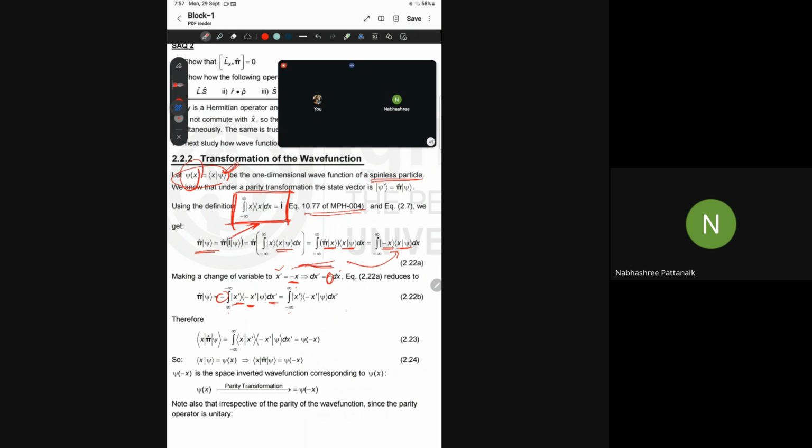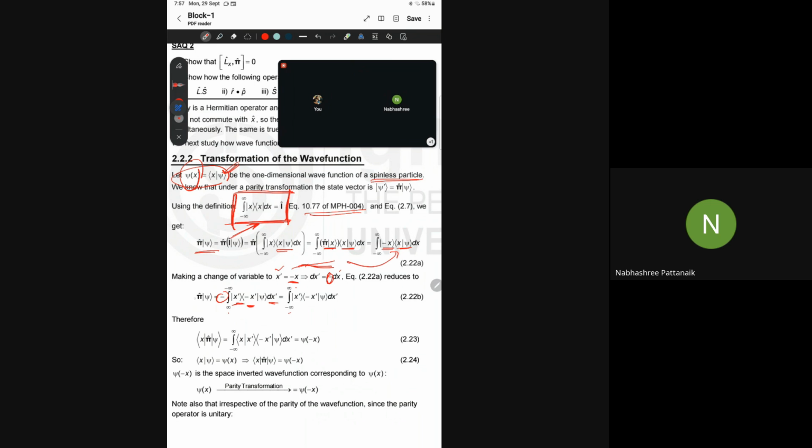If you take the integration from a to b with a minus sign, it will become the integration from b to a. Using that property, you can simply write |x prime><minus x prime|psi> dx prime, isn't it?